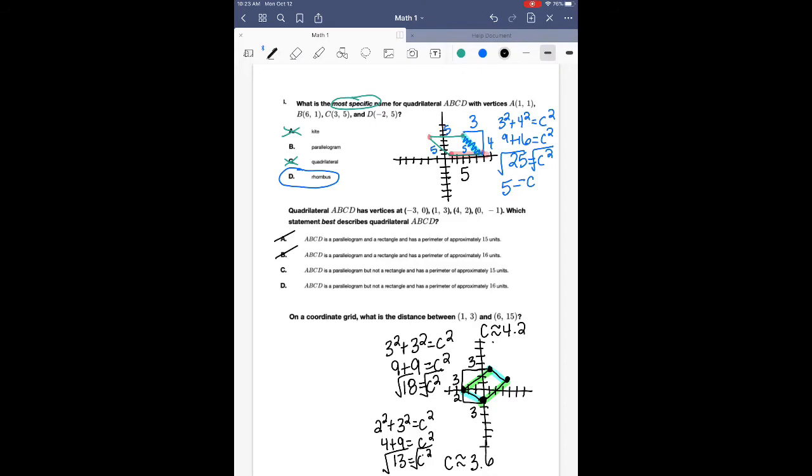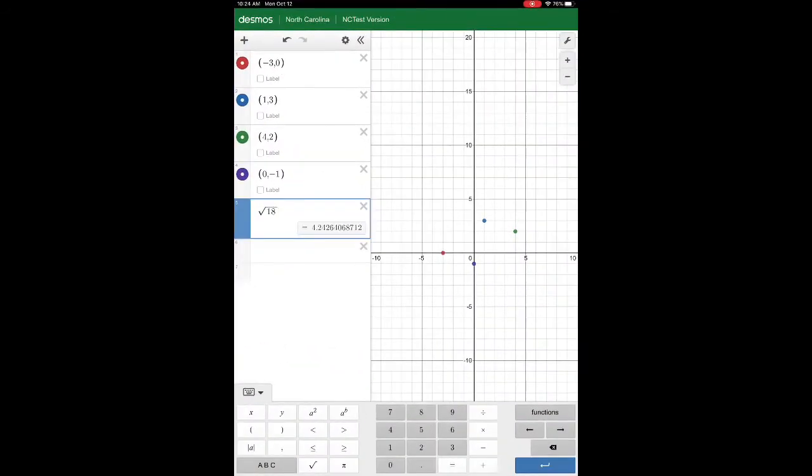Now, the difference is that when I'm looking at this, I need to make sure that I'm doubling that. Because this one right here is 4.2, and this one is 4.2, so the greens are both 4.2, and my blues are 3.6.